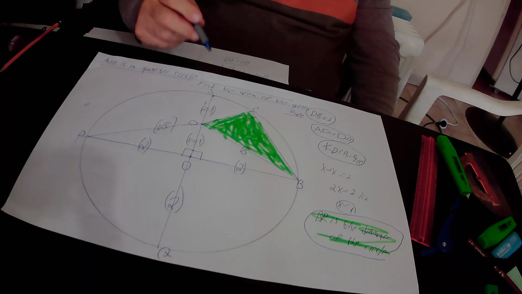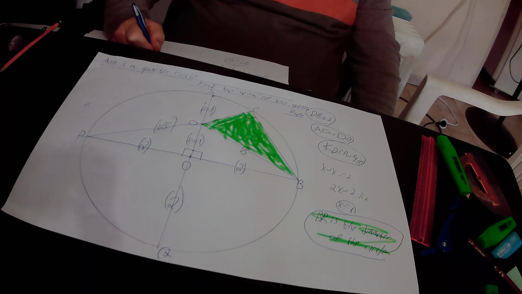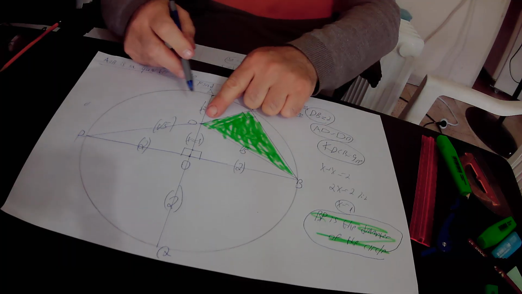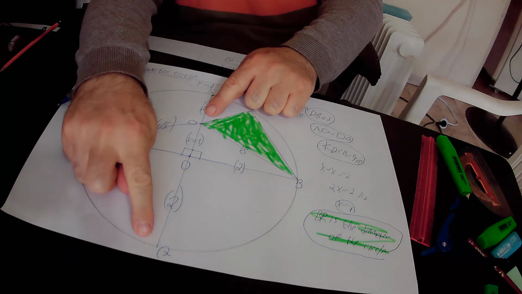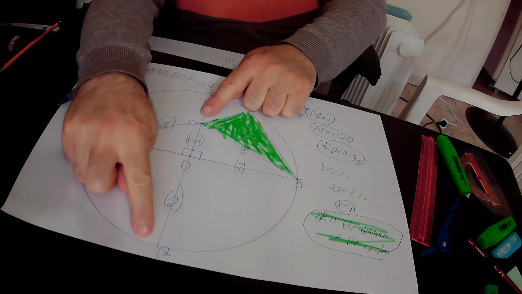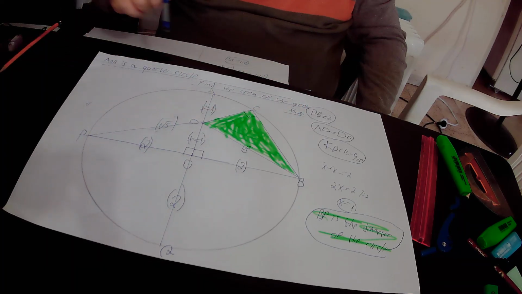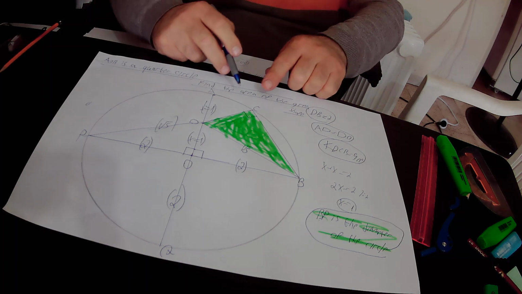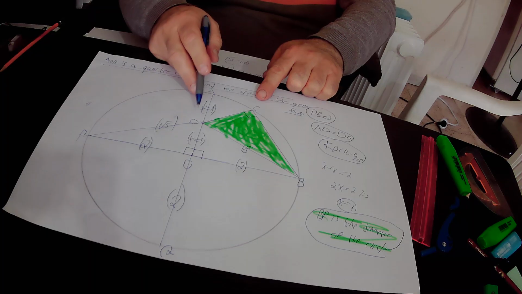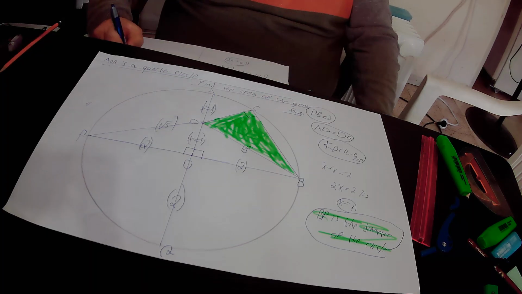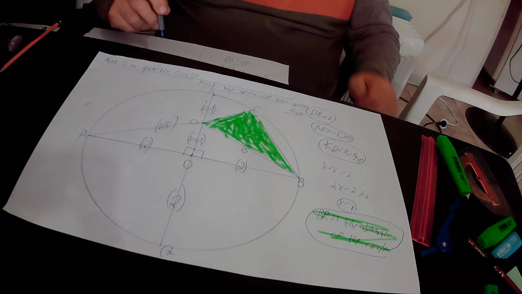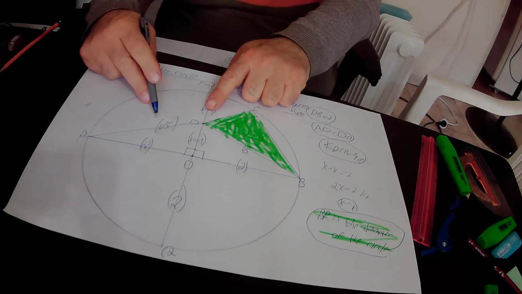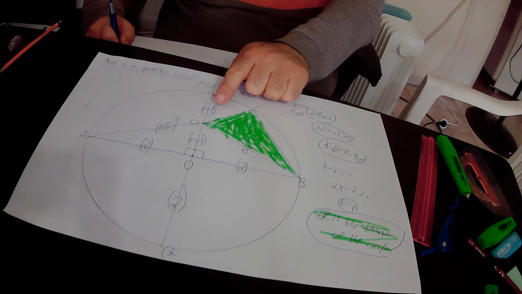AD is 1 times DQ. DQ in total equals 1 plus 2, that is 3. So DQ in total equals 3. And it is equal to CD. CD is the missing side, so we leave it as it is. Times DP. DP equals the square root of 5 units.